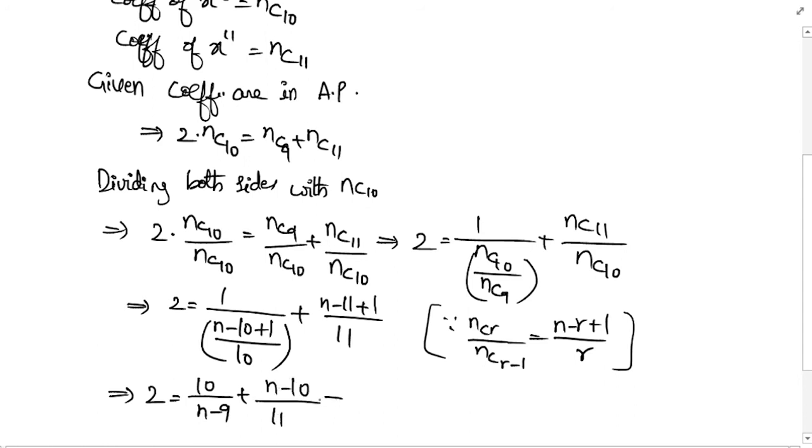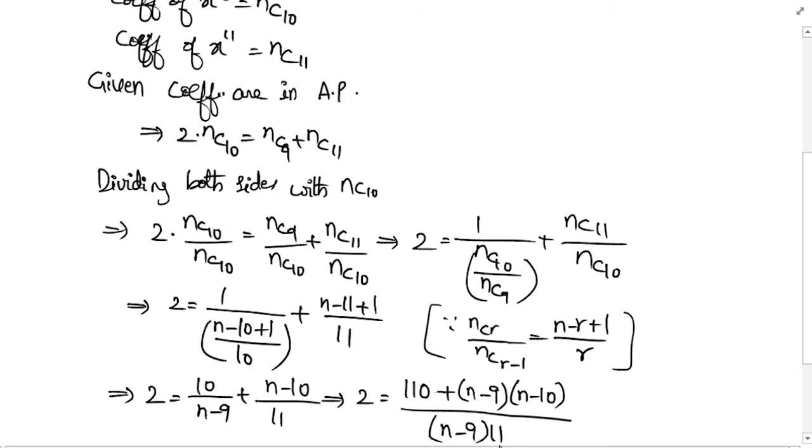So 2 is equal to 10 by n minus 9 plus n minus 10 divided by 11. That implies 2 is equal to 110 plus n minus 9 into n minus 10, the whole thing divided by n minus 9 into 11.